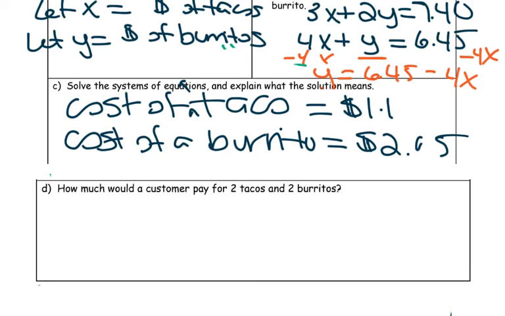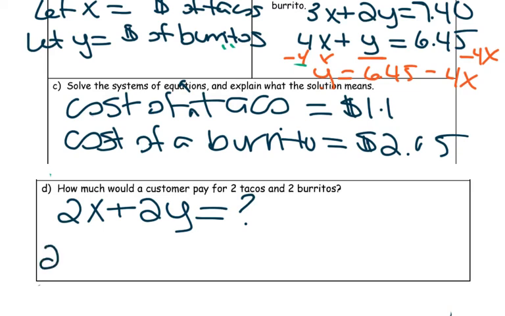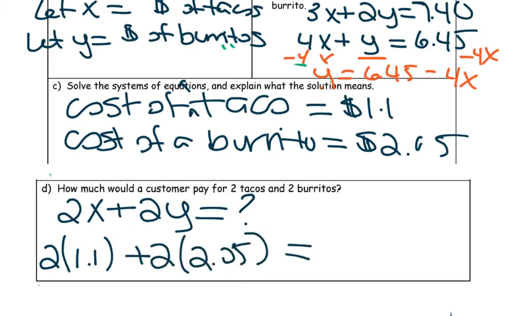So now it's saying, how much would a customer pay for 2 tacos and 2 burritos? That's essentially saying 2x plus 2y, right? And that's what we're looking for. Well, we already know the cost, so it would just be 2 times 1.1 plus 2 times 2.05. And what would that be? Now, this is something great that you could put right into your calculator.